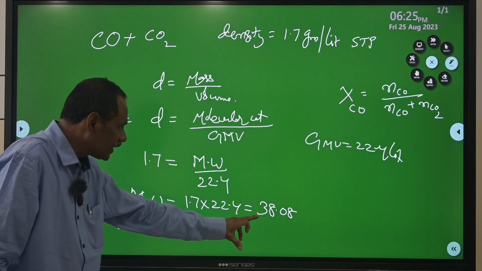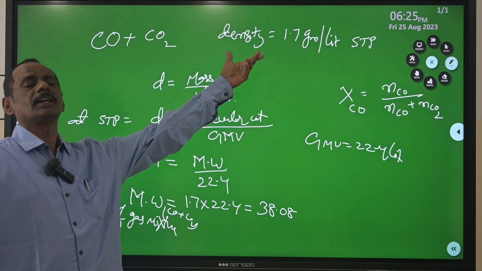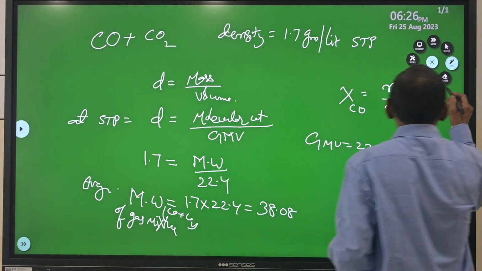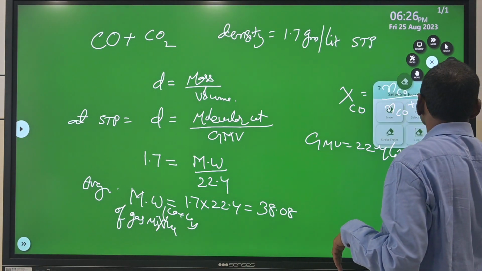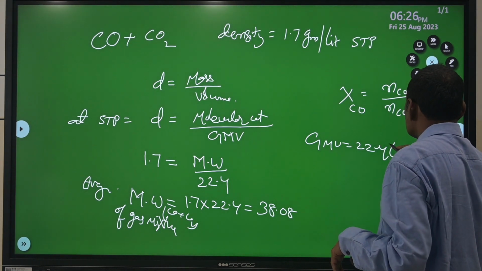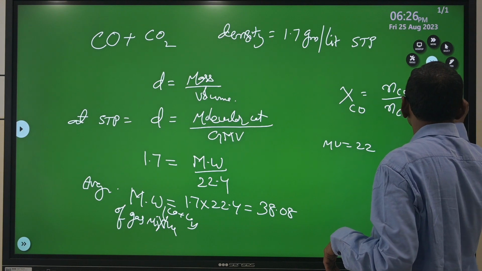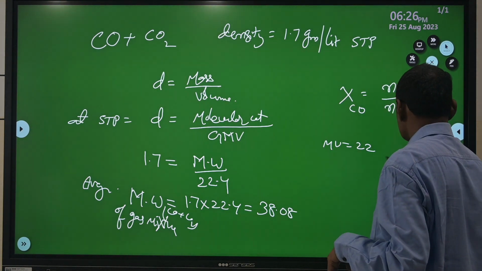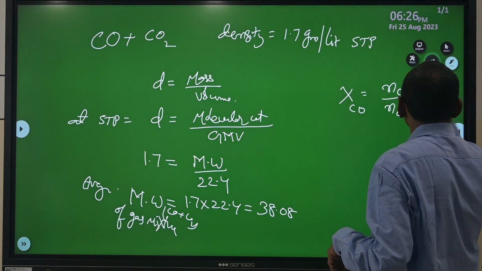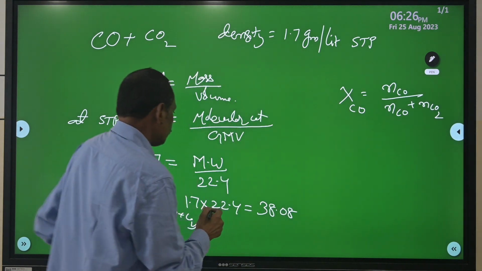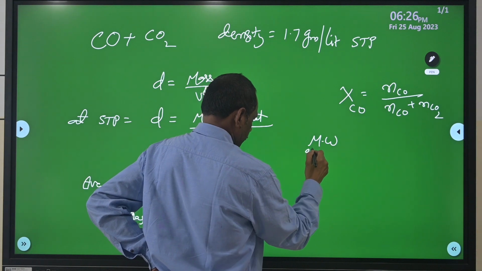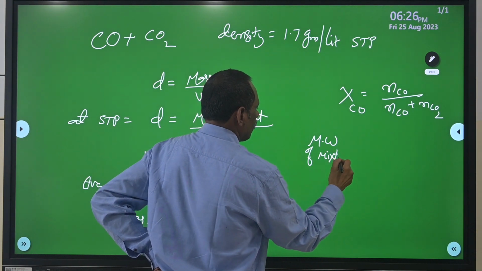From this, we can calculate the number of moles. Here there is another formula, another principle. The average molecular weight of a mixture.